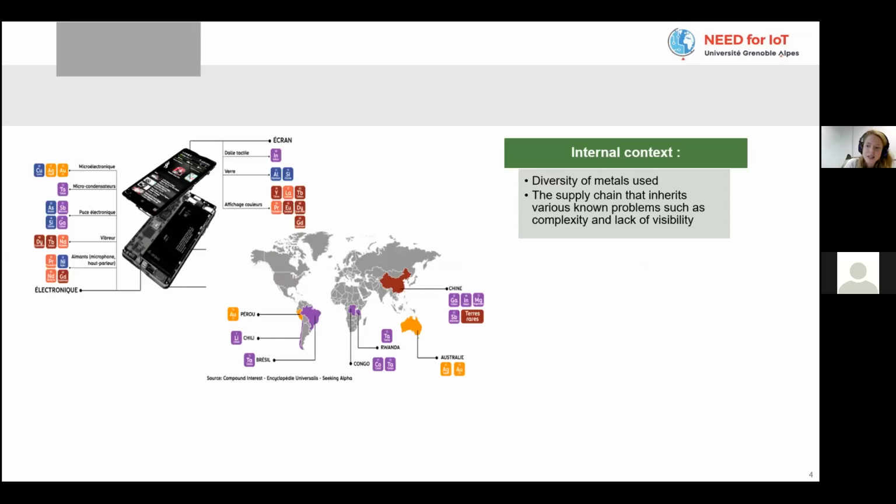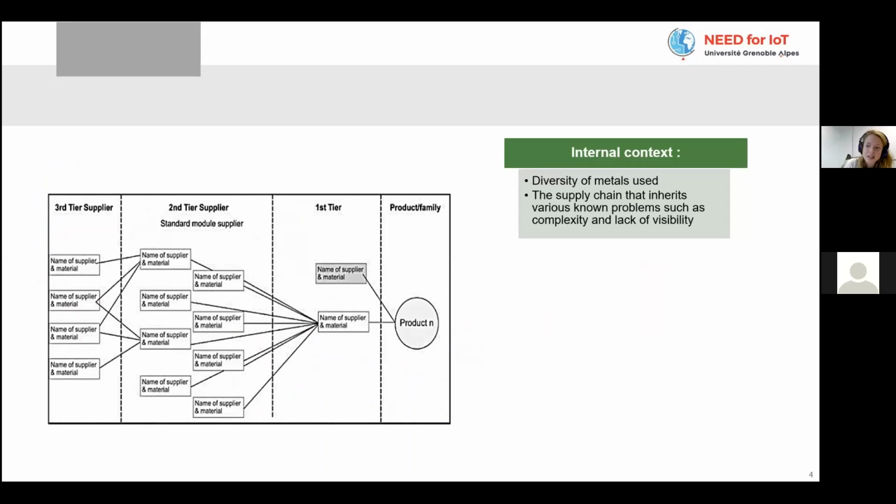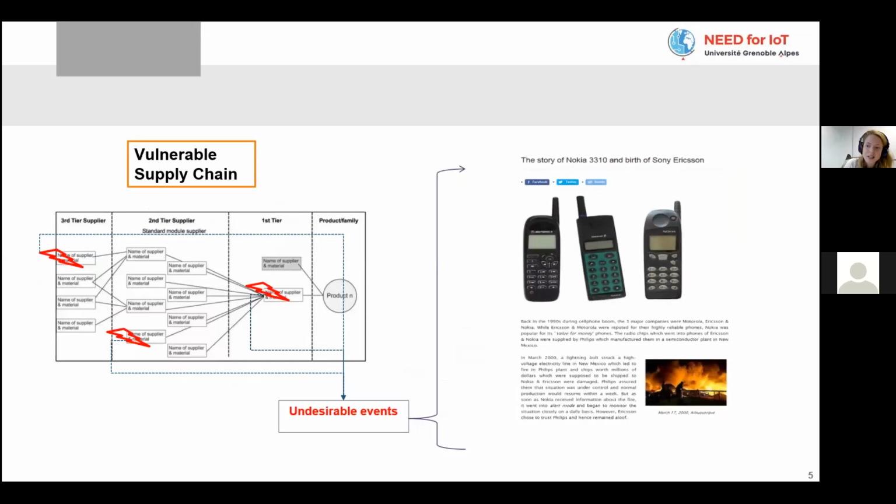But we also have the complexity of the supply chain that allows us to manufacture this smartphone. So here we have the interaction between these two contexts that allows us to say that the industry is vulnerable. So we have several undesirable events, and it's not just a hypothetical thing.